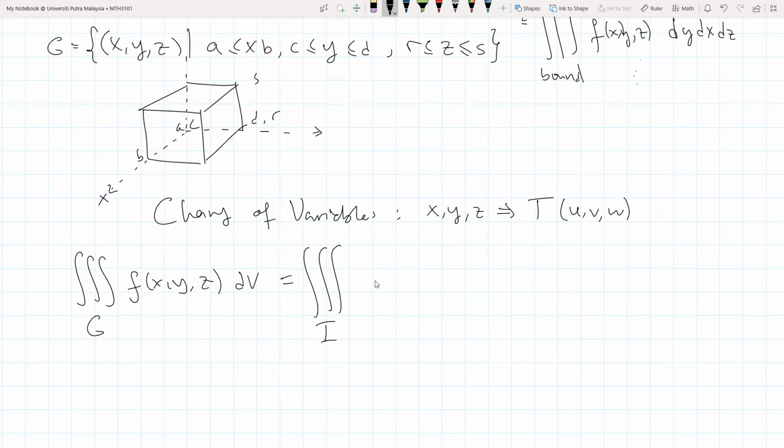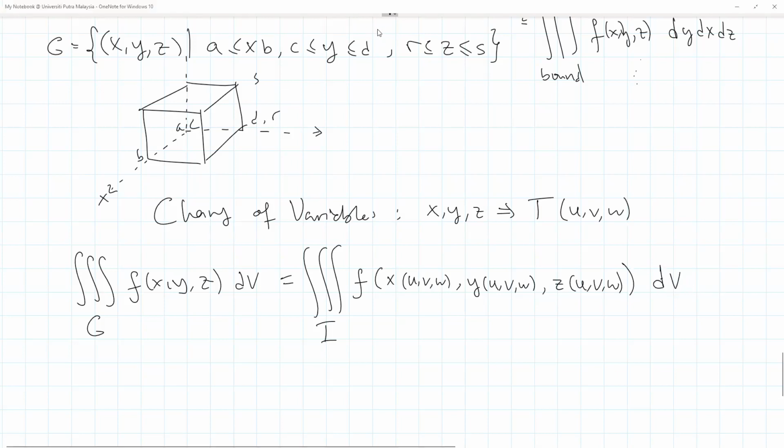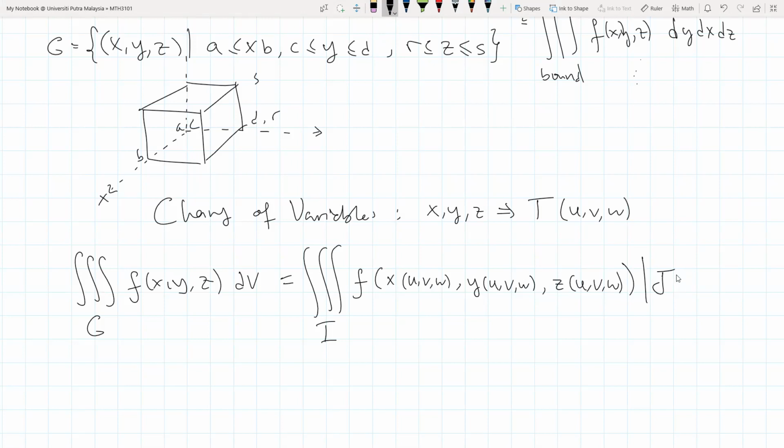Here I have f in terms of u, v, w, with x, y, and z each in terms of u, v, w, and then I have the Jacobian of that times dV.